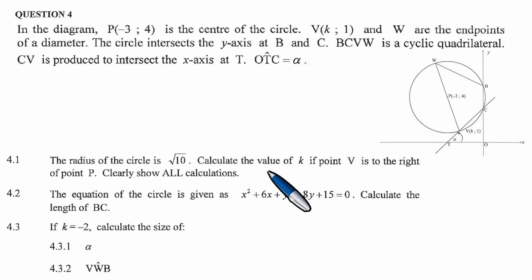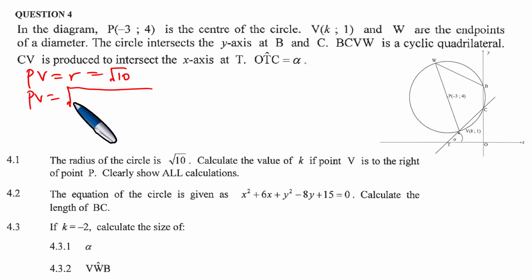Let us look at this particular question. So obviously, if the radius of the circle is the square root of 10, the distance from the center to the circumference is the square root of 10. That means that PV is R, which is the square root of 10. Okay, you have P and V. So we want to find the distance.